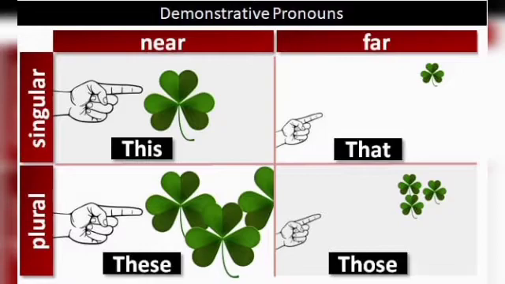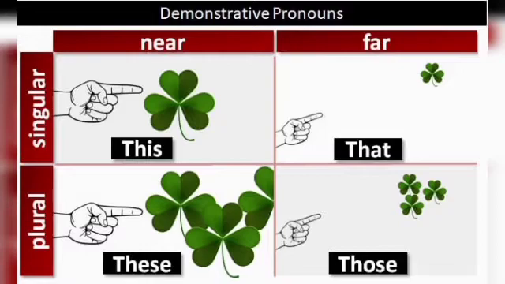It shows that you have more than one leaf, means leaves, and the leaves are near. So you can use these for this. And in the last picture it shows that many leaves are there, and the leaves are far. So for the far objects, when there are more than one and they are far, you use those to indicate it.